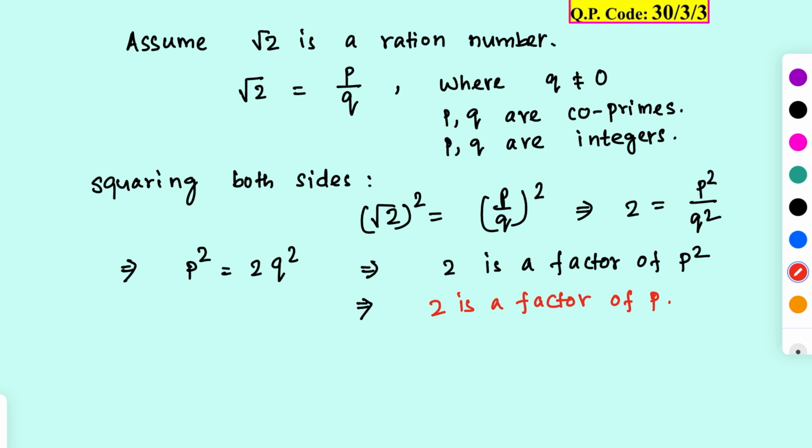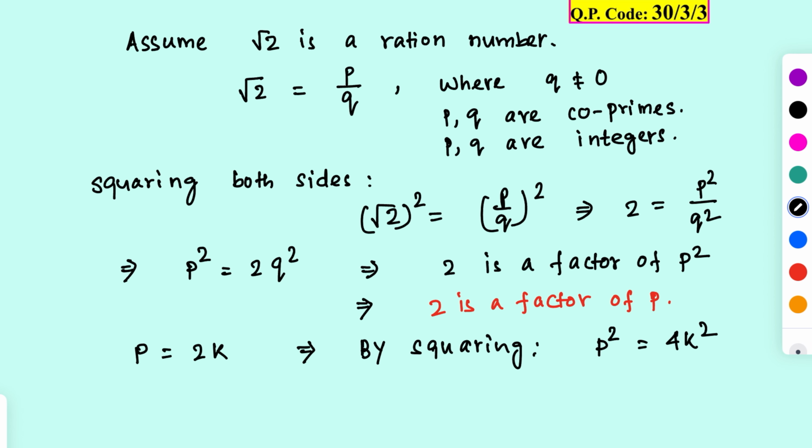Now, if we can prove that 2 is also a factor of q, then they will not be co-primes. Now, you write p is equal to 2k, because 2 is a factor, so 2 into some constant will be equal to p. If we are squaring it, we will get p square is equal to 4k square.